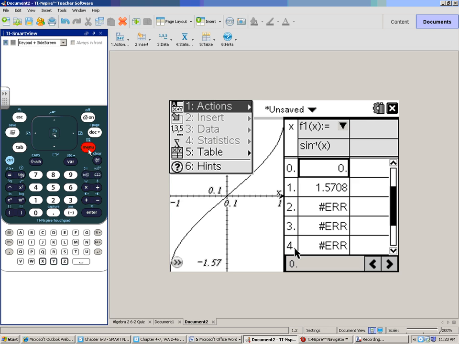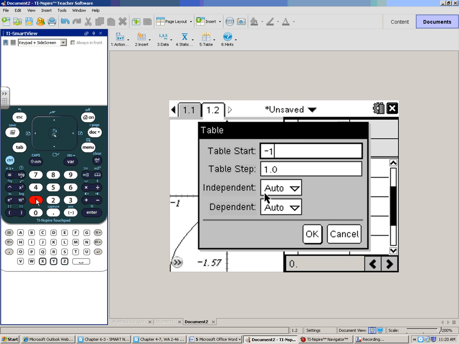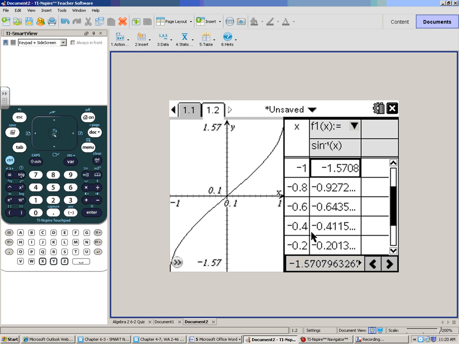I hit Menu and go to Table and go to Table Settings. Where does my table start out in the book? -1. And what is its increment? 0.2. Okay? And then hit OK. What do these values over here represent? More specifically, they are numbers, you're right, but what do those numbers represent?